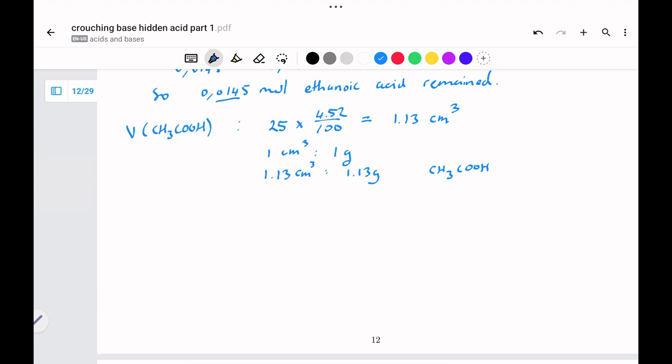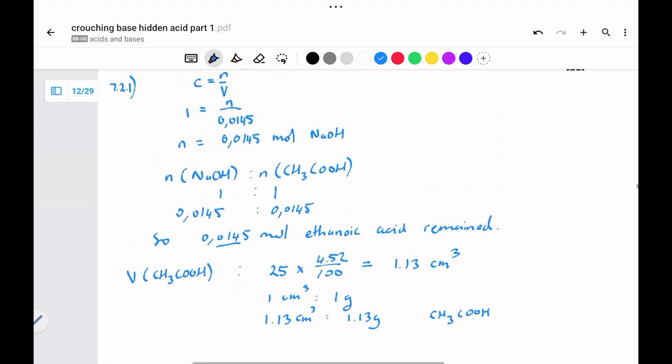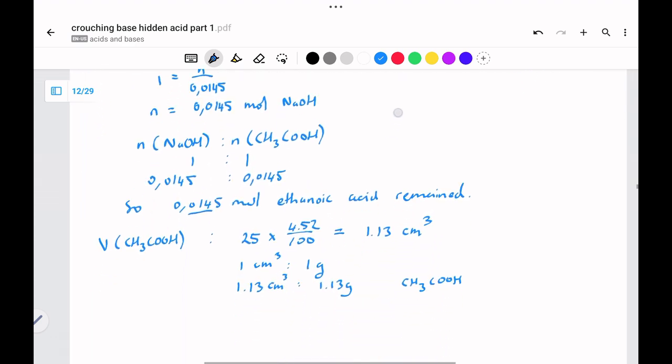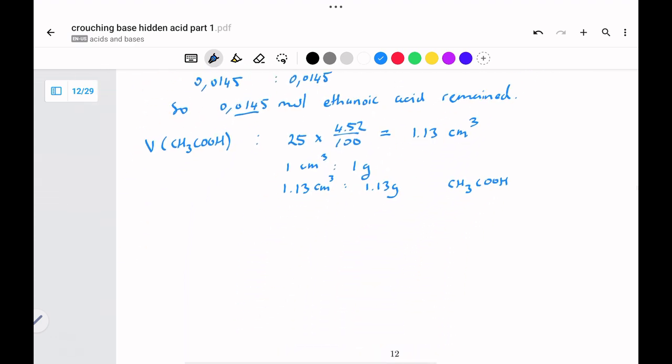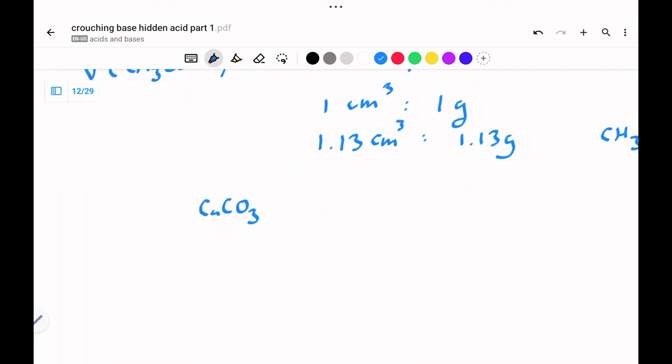before I proceed any further, I'm going to write out our table once more. They gave us the reaction, calcium carbonate. Let's write it here, calcium carbonate, and then ethanoic acid.